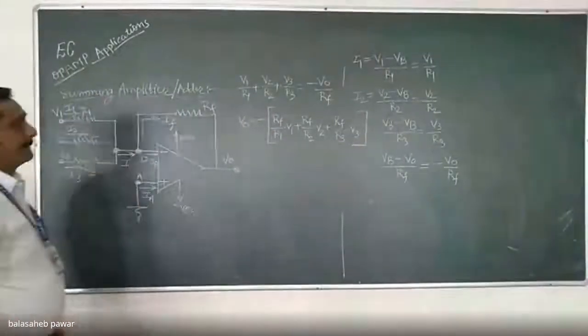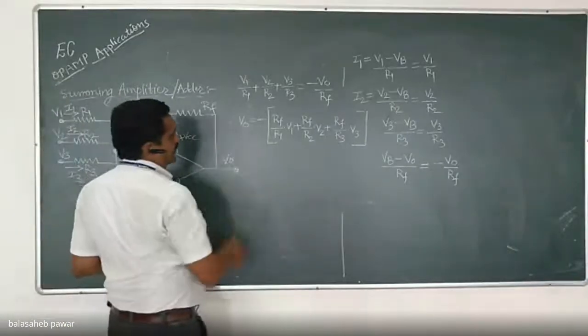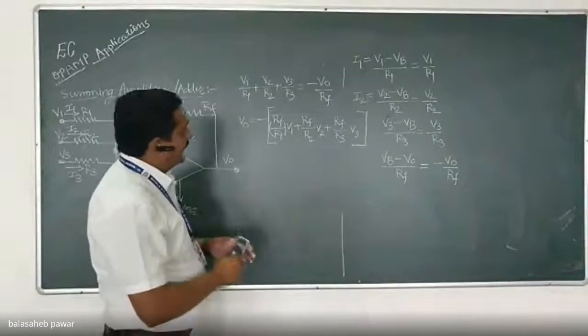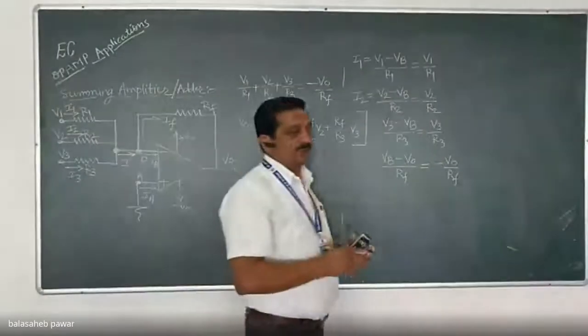Okay. So you will observe that the output voltage is nothing but RF by the series connected resistor times the applied input voltage.